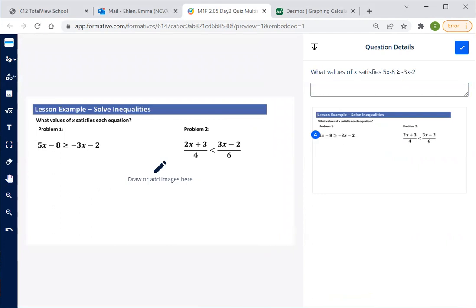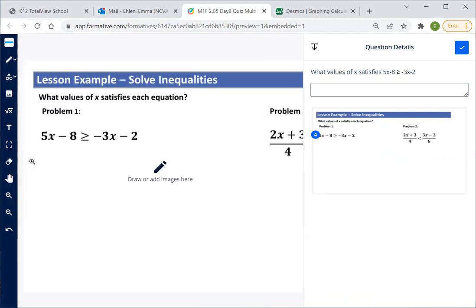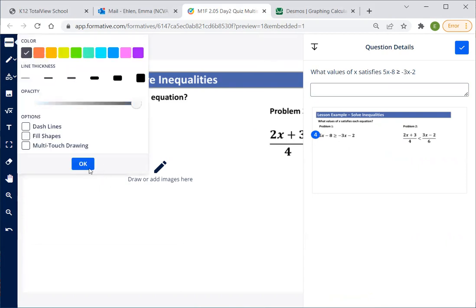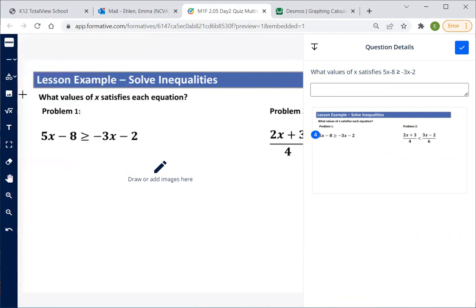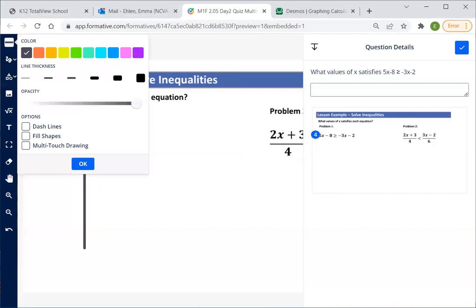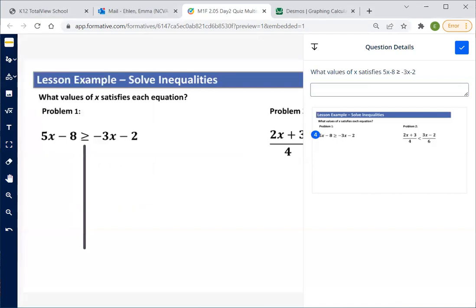Okay, the next one, I know this one says you do, but I will go ahead and show you just in case. You could pause and test yourself, and then go ahead and reveal the answer. For this one, remember we want to move the smaller x, so we have to add the 3x to both sides because -3 is smaller than 5.